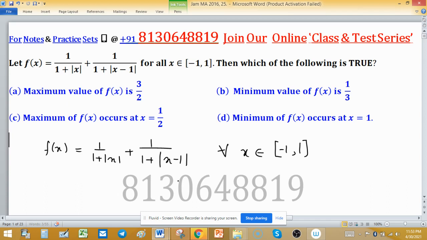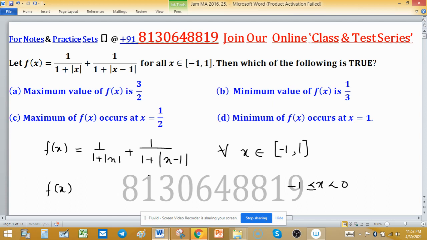So we know very well at which point the absolute value changes. So f(x) can be written separately for positives and negatives. Means whenever x is less than 0 and greater than -1, because -1 is the left bound of this interval.